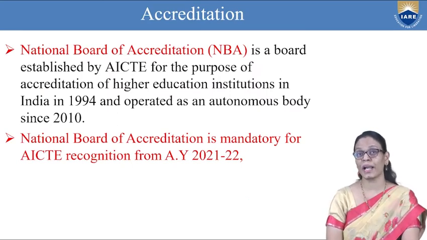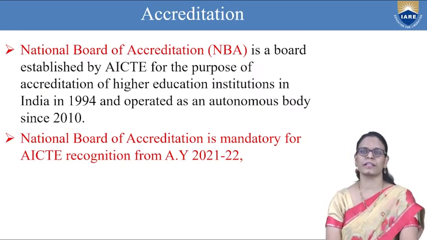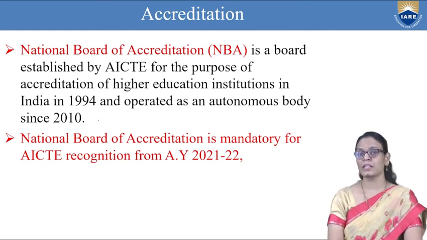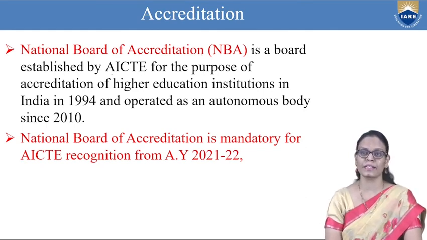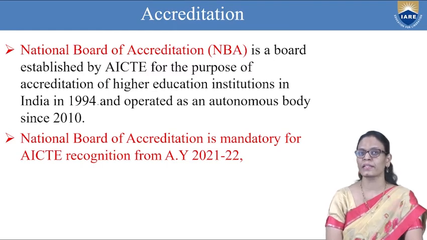Now coming to accreditation. What is accreditation? The National Board of Accreditation is a board established by AICTE for the purpose of accrediting higher education institutes in India in the year 1994, and it has operated as an autonomous body since 2010.